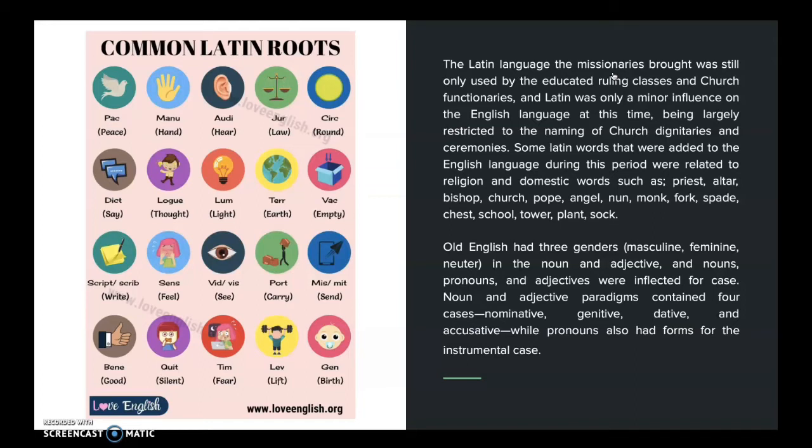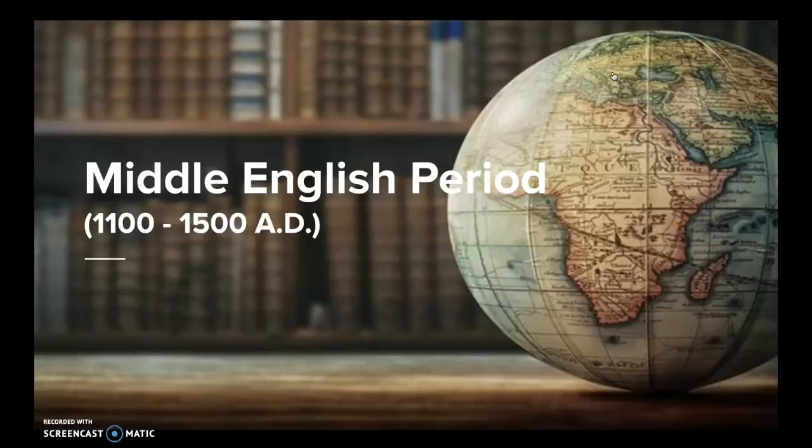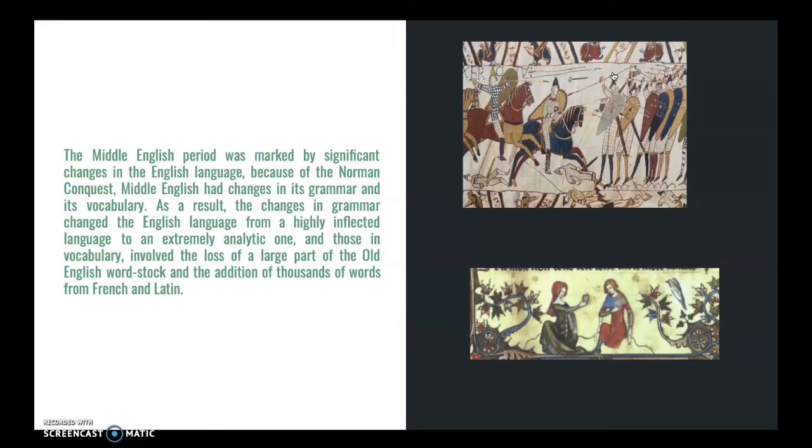Now let's move on to the next period, which is the Middle English period. The Middle English period dates from 1100 to 1500 AD. It was marked by significant changes in the English language because of the Norman conquest.